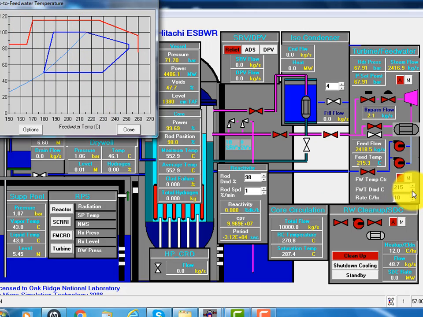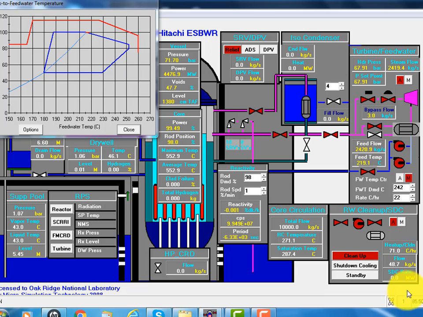In order to reduce the core power, we can use a higher temperature of the feed water. That will reduce the bubbles, neutron absorption will be less, and the chain reaction of the core will be reduced.